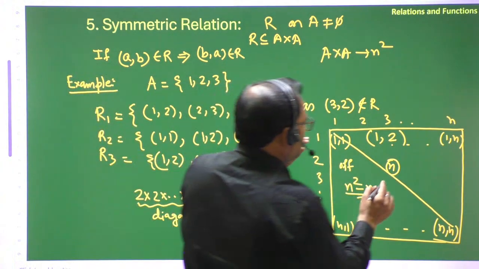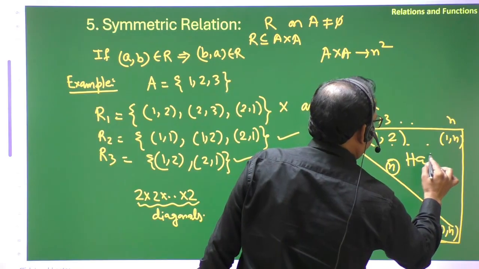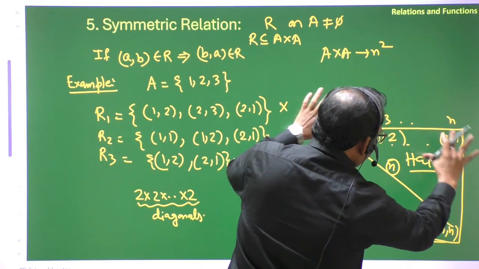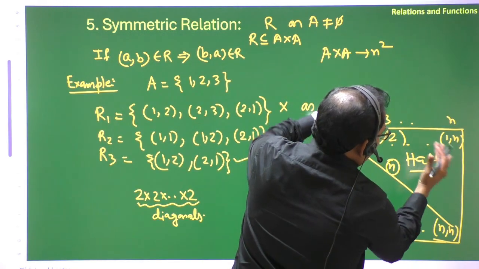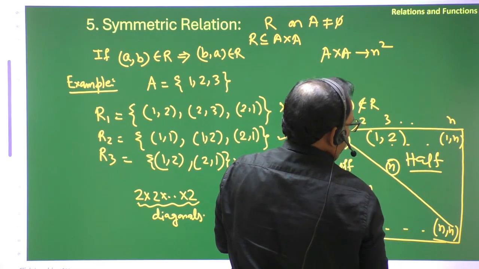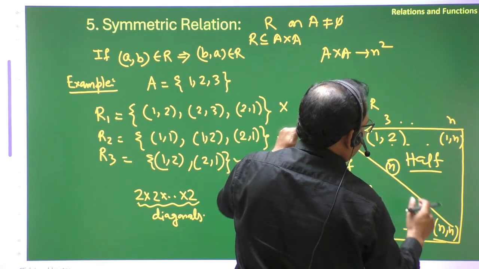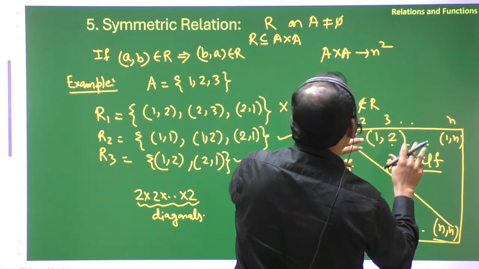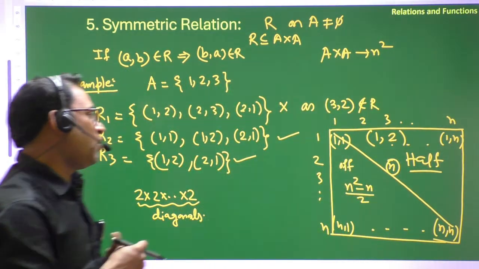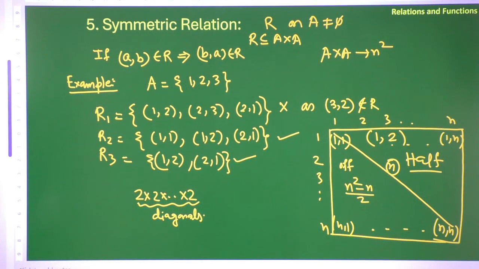So we will focus only on the half part of the matrix. In how many ways can we select these half of the elements of the matrix except the diagonal elements? That many choices will give the selection of the off-diagonal elements for the symmetric relation. If I choose (1, 2), (2, 1) will automatically be selected. If I choose (2, 5), then (5, 2) will automatically be selected.